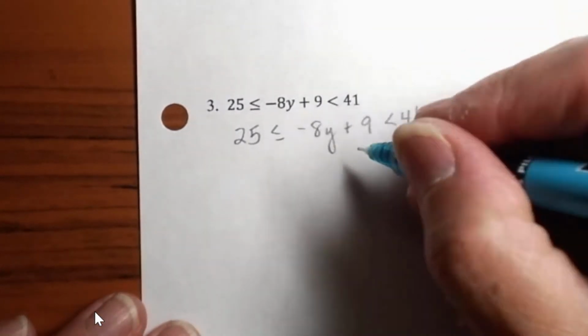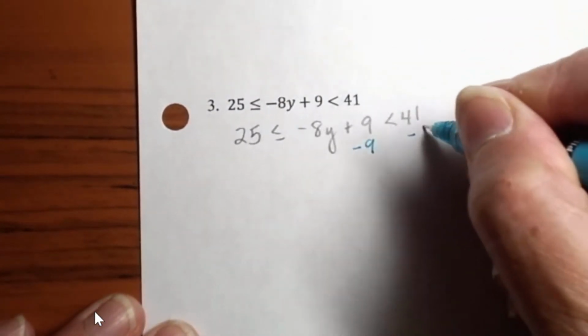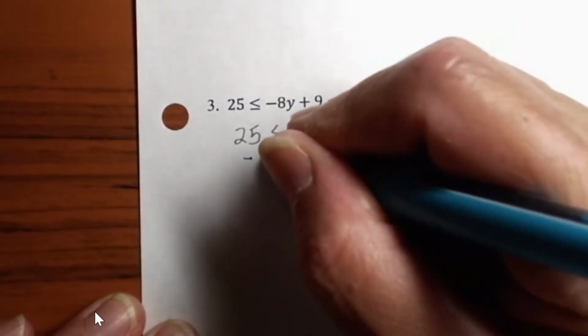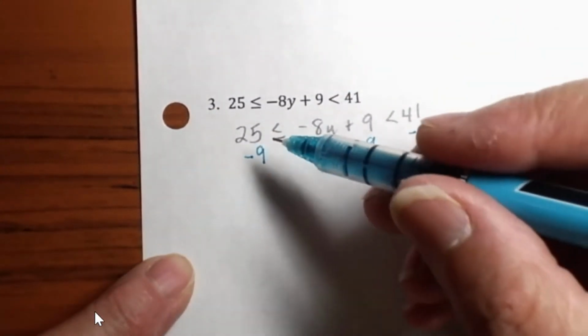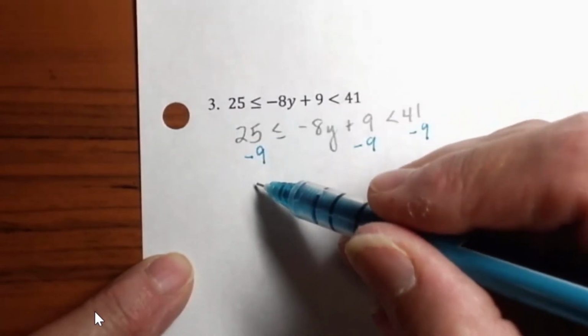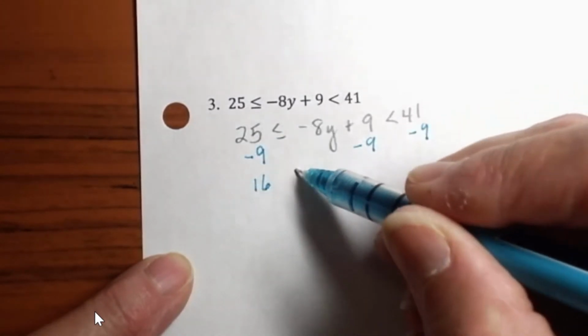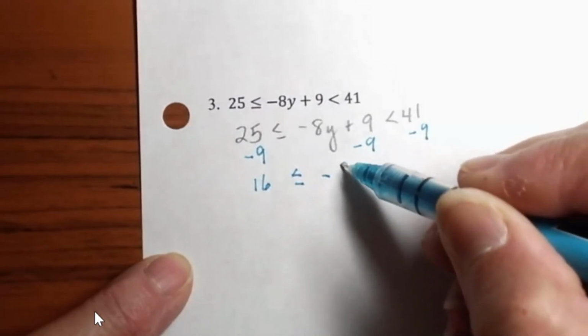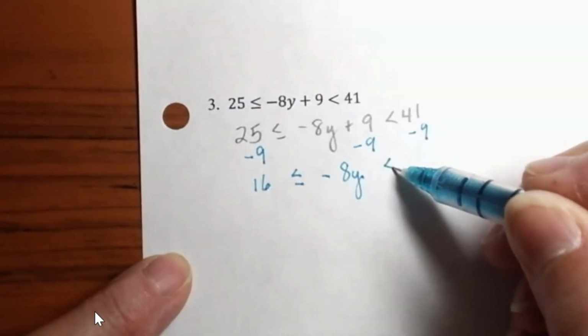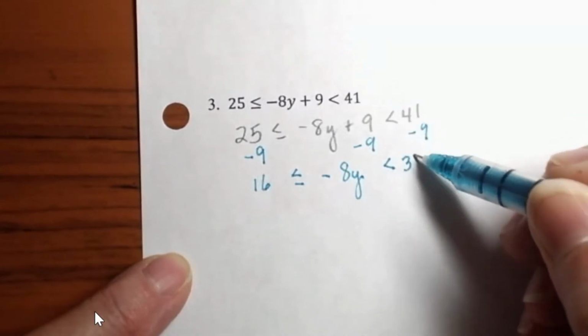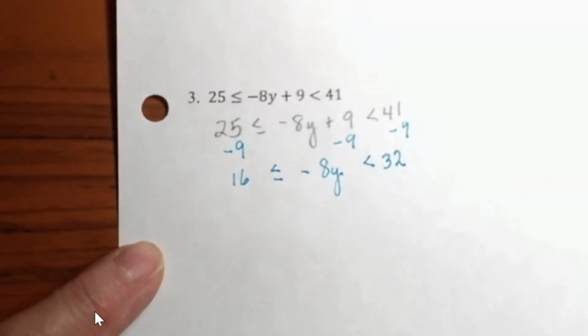So there's -9 here, but then you have to subtract 9 from the 41, and you have to subtract the 9 from the 25. So here we get 16 is less than or equal to -8y, which is less than 32. That's 41 minus 9. Okay, so that's looking good.